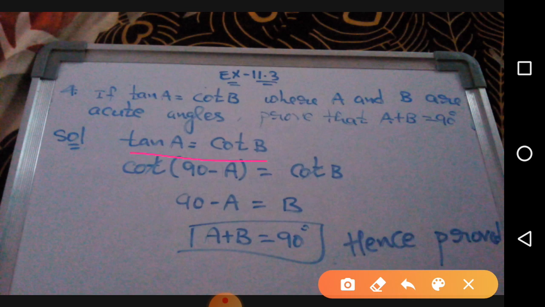Tan A equals cot B, so we can write tan A as cot of 90 minus A, or you can even write cot B as tan of 90 minus B, either way. As I've taken everything in cot, cot and cot get cancelled, and then we are left with 90 minus A equals B. Thus A plus B equals 90 degree, hence proved.